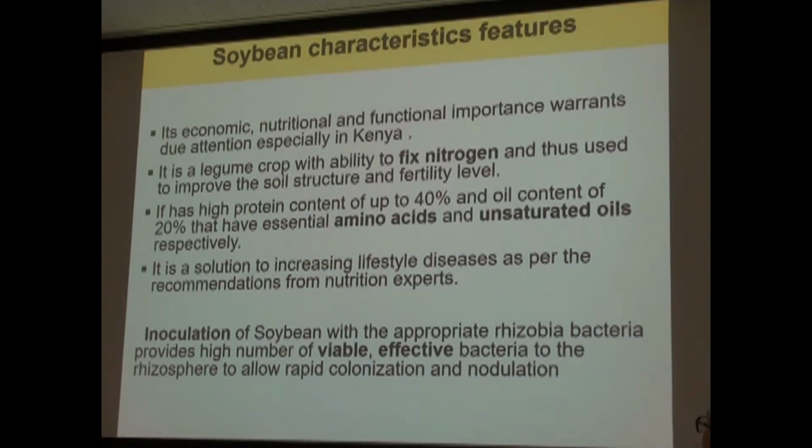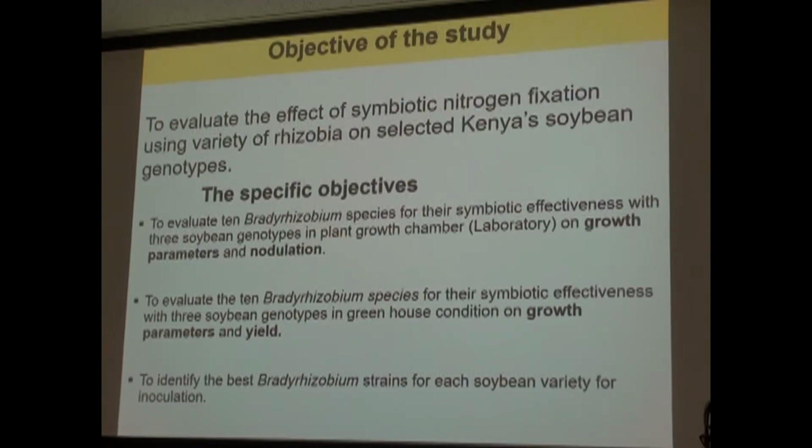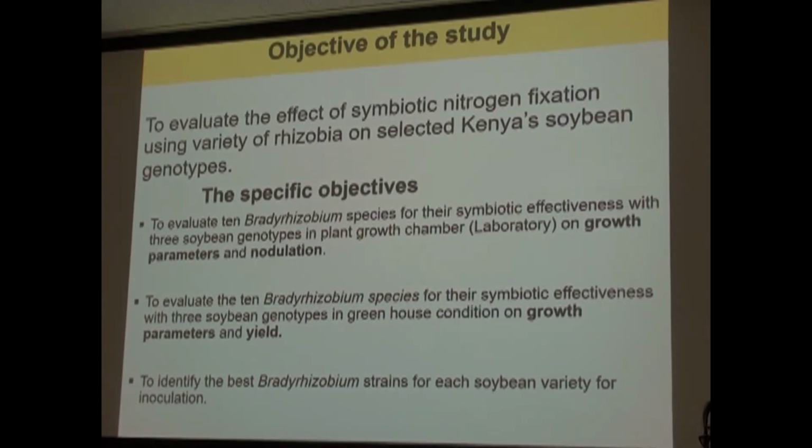But the most important thing is that inoculation of soybeans with appropriate rhizobia bacteria provides a high number of viable, effective bacteria to the rhizosphere to allow for rapid colonization and nodulation. So the objective of my study was to evaluate the effects of symbiotic nitrogen fixation using a variety of rhizobia on selected Kenyan soybean genotypes.